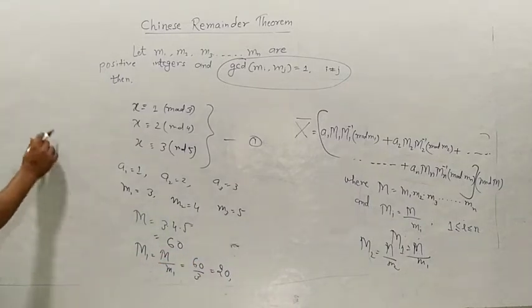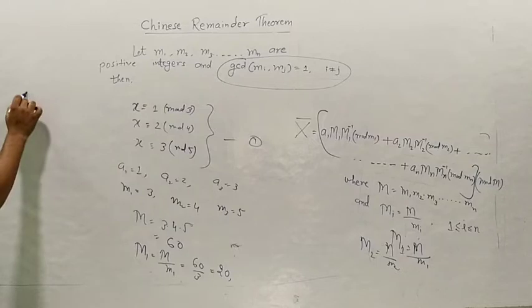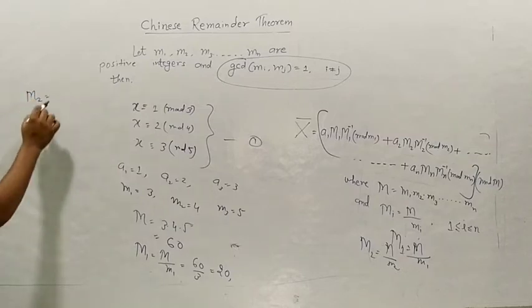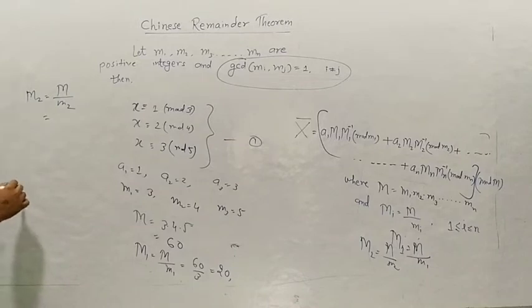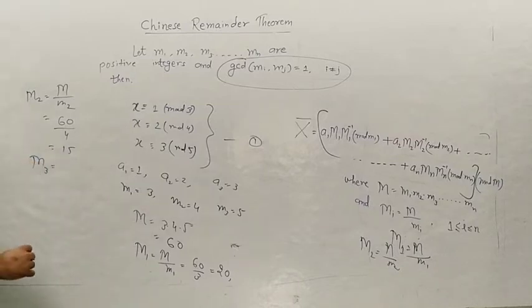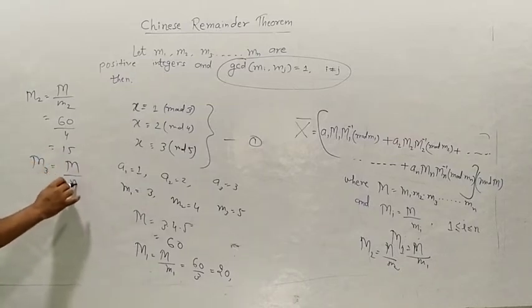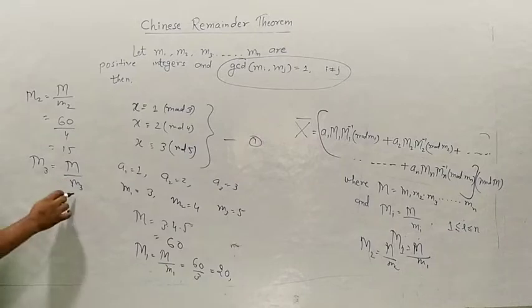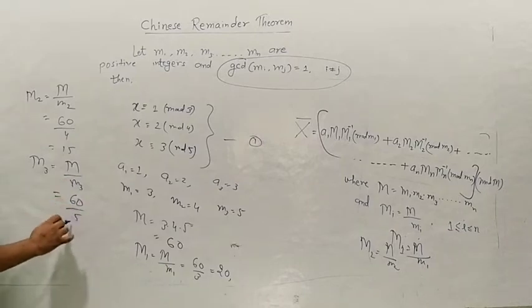Okay, what is M2? M upon m2, that is 60 upon 4, that is 15. What is M3? Capital M upon m3, that is 60 upon 5, that is 12.